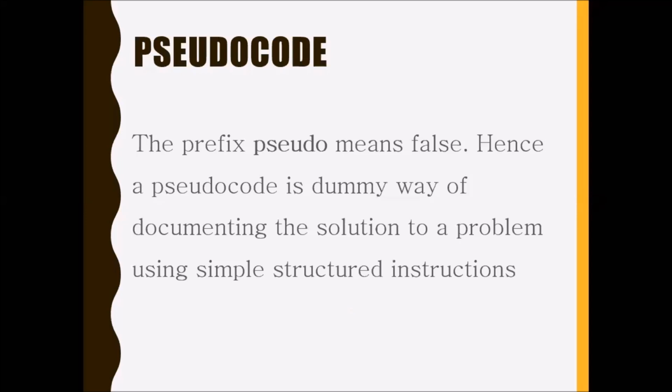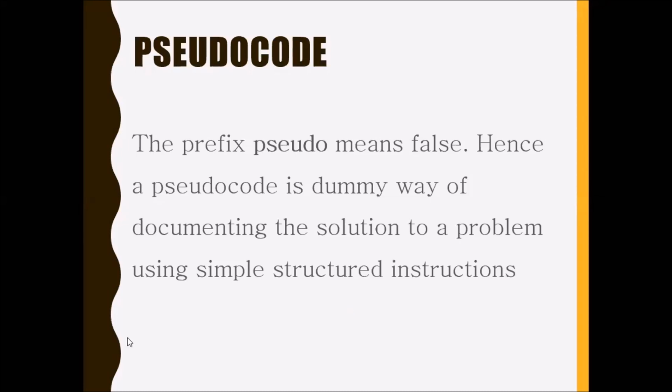So false means that it is not a computer language. That's the false part of it. So after writing your pseudocode, you can't put it in a compiler like Easy Pascal and compile it and not get an error because it does not follow the programming rules. Good? So that's the pseudocode part.